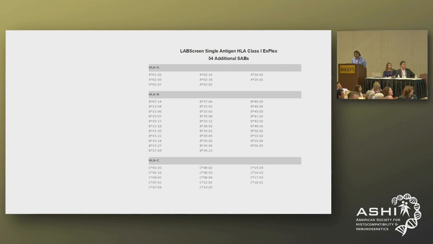Which means that we are currently inadequate in terms of calling an accurate, or at least as accurate as we can, virtual cross-match. Because we know, at least from our lab, that there are so many rare alleles, not so frequent alleles, and alleles which are not covered by the current panels of the two major vendors.